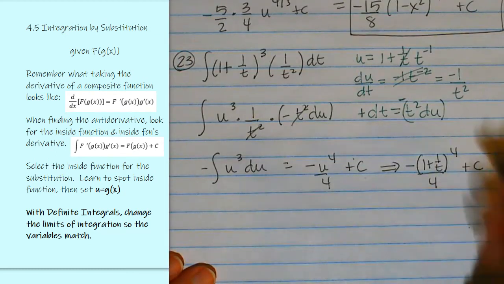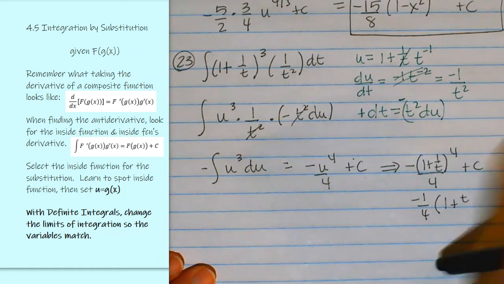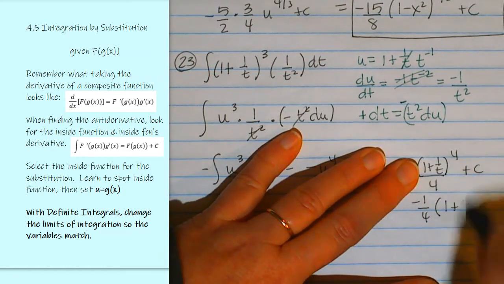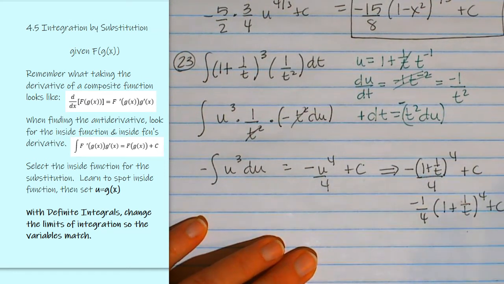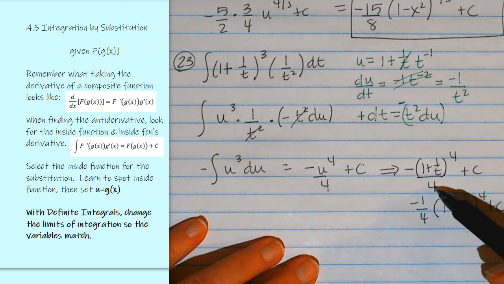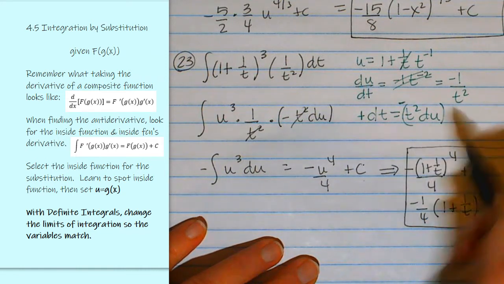The book, when they write their answer, they pull the 1/4 out in the front, but obviously that's the same answer. So if you're trying to match that exactly and see it, you can take the 1/4 out to the front, and either of these is perfectly fine.